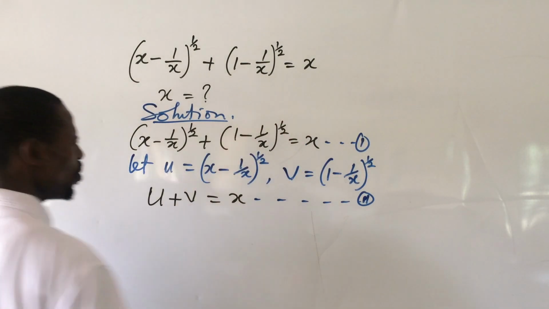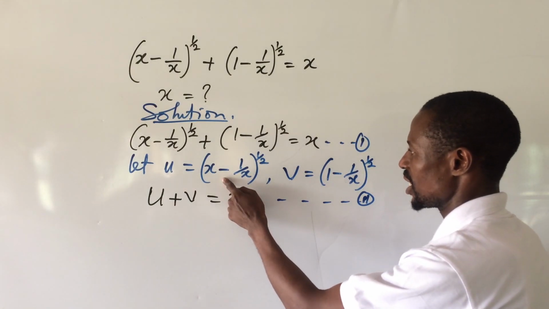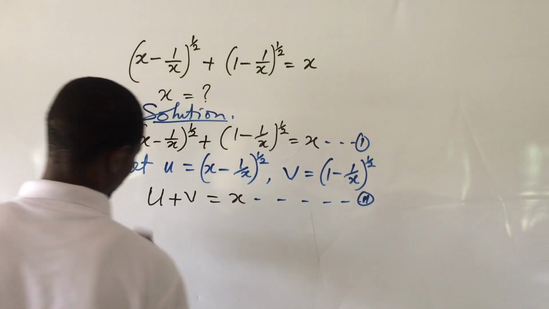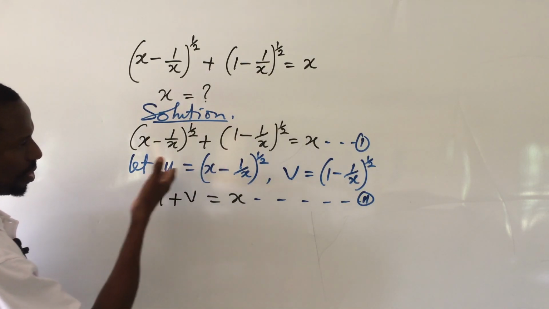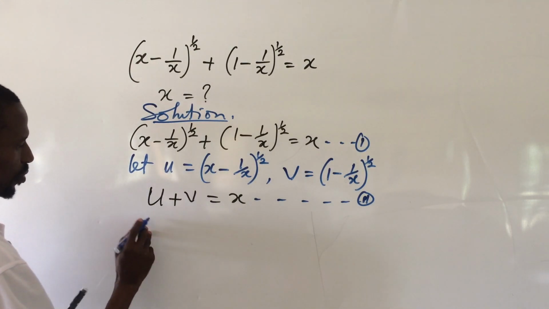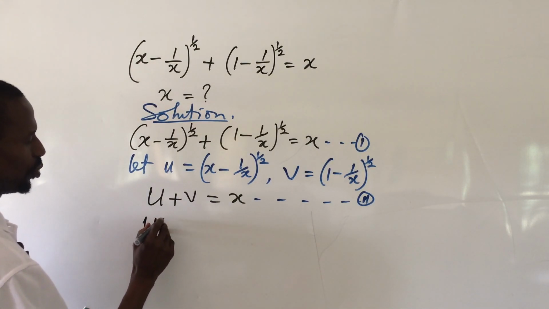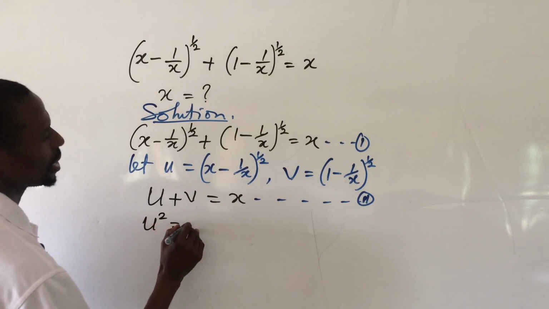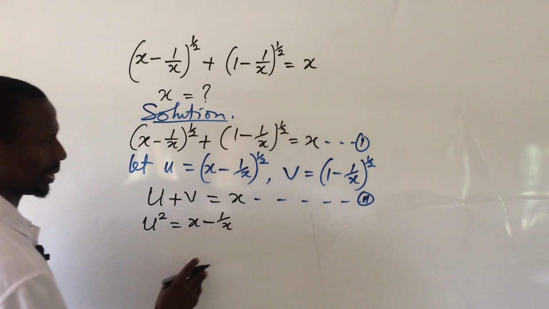Now if we look at these two expressions carefully, we take the square of both sides. The first one gives us u squared equal to x minus 1 all over x.